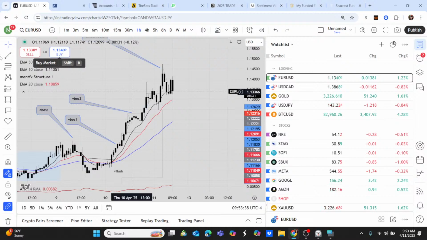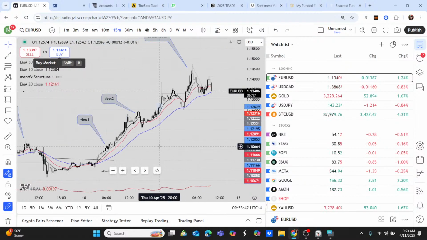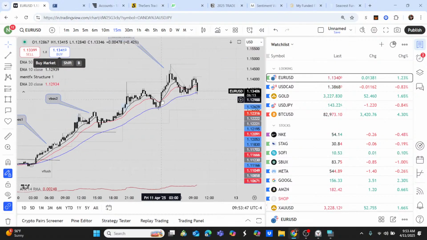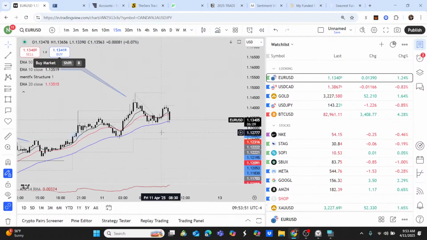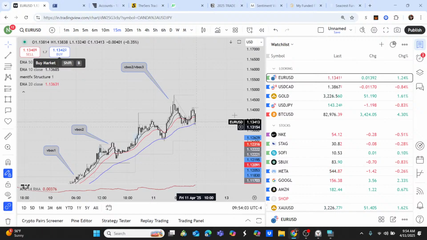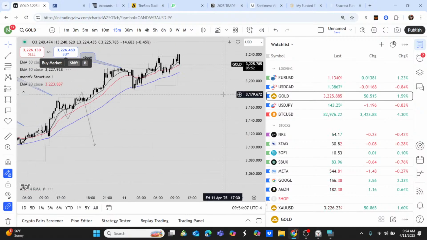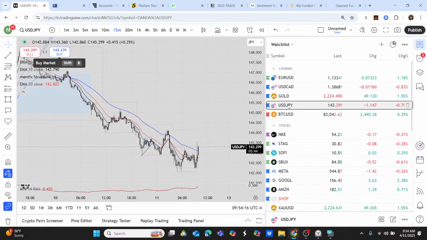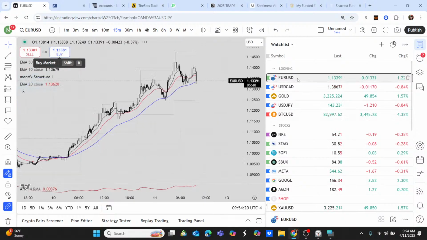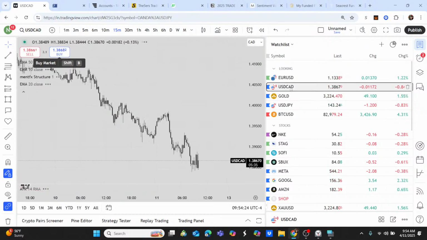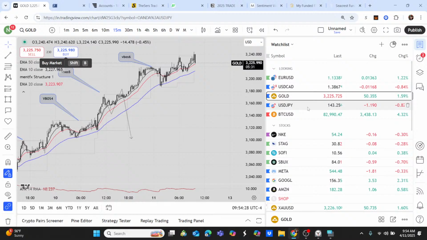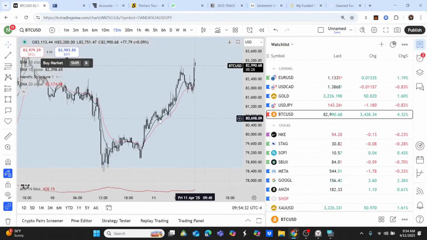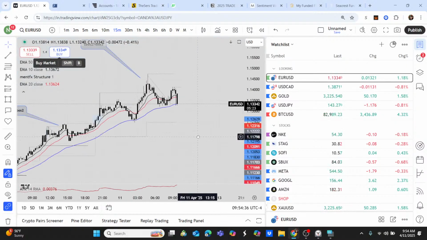So I'm trying to think right now, based on the spot it's in. Basically trying to see.